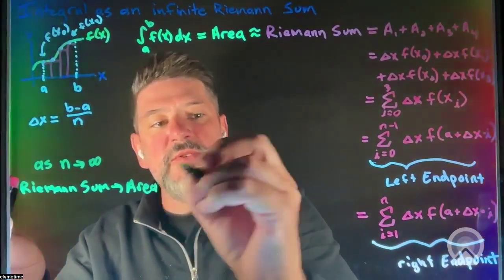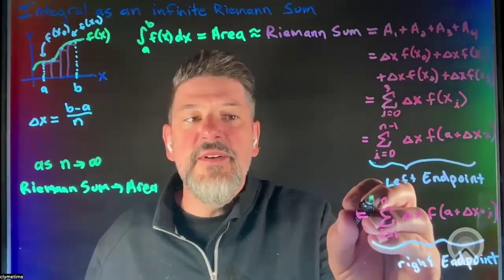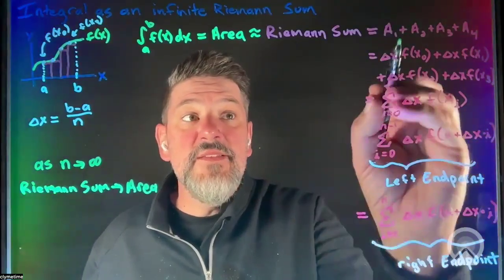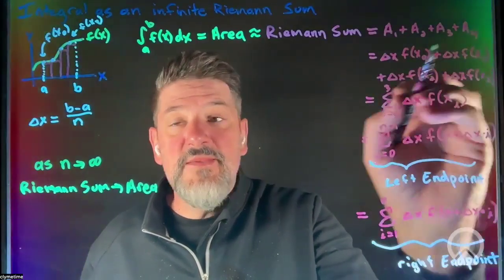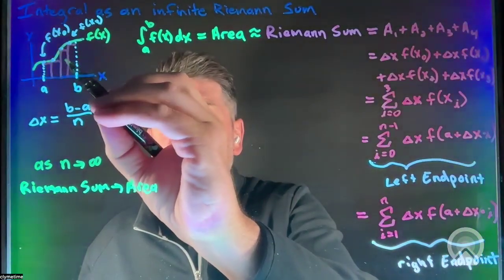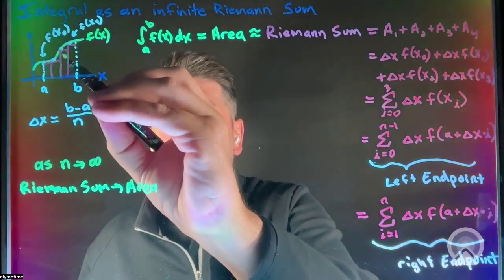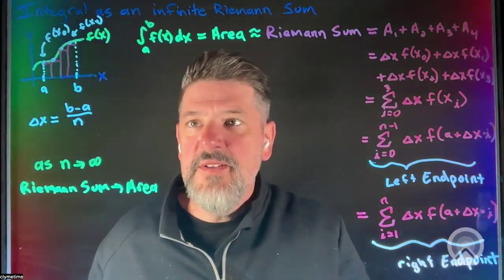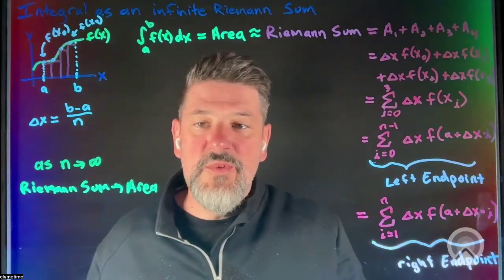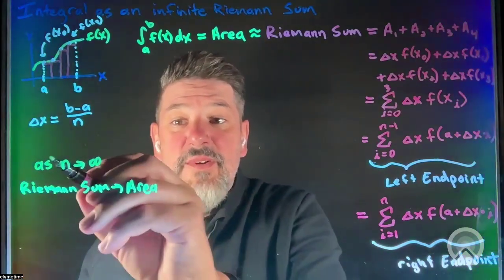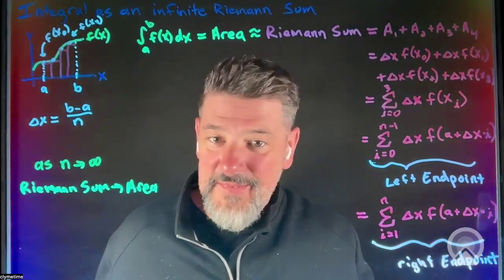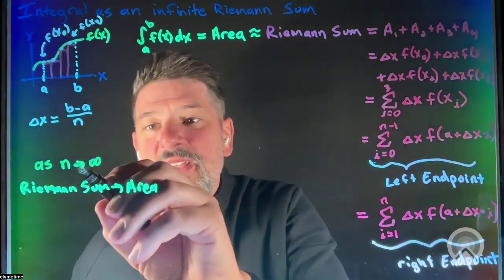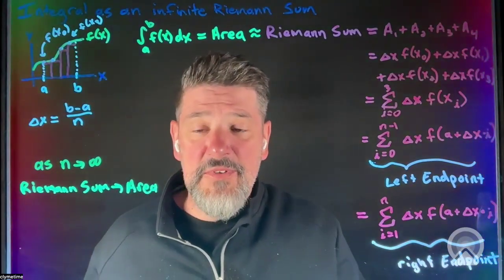As n gets bigger and bigger, the number of rectangles increases, so the gap between the red boxes and the green graph gets smaller and smaller. The difference will eventually get to zero, but the only way we know for sure is if n is infinitely big.